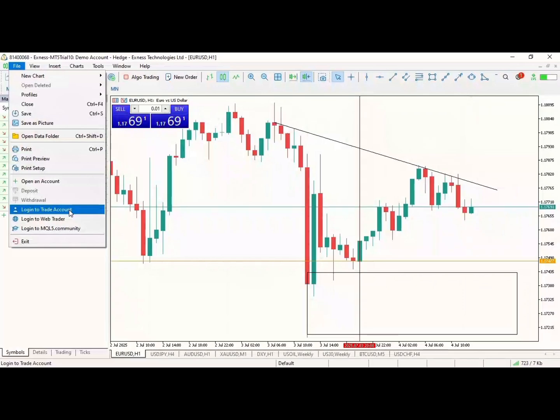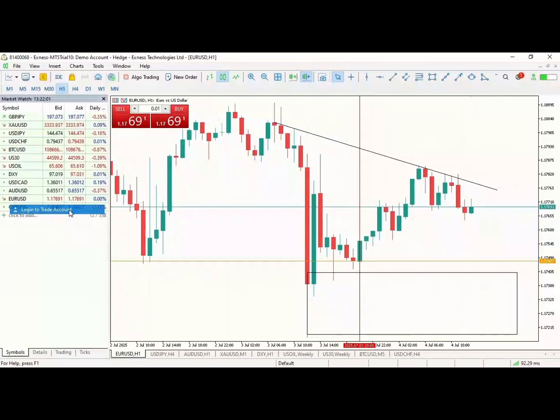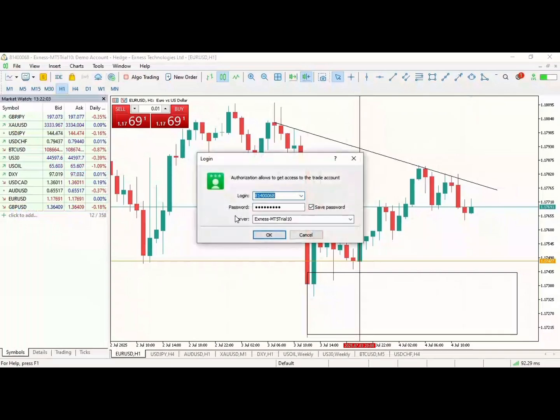So you create that account, you give it a name, you give it a password, then it will give you a login, which is something that looks like this. Login, this, the password, which you should be knowing for yourself, and then a server.